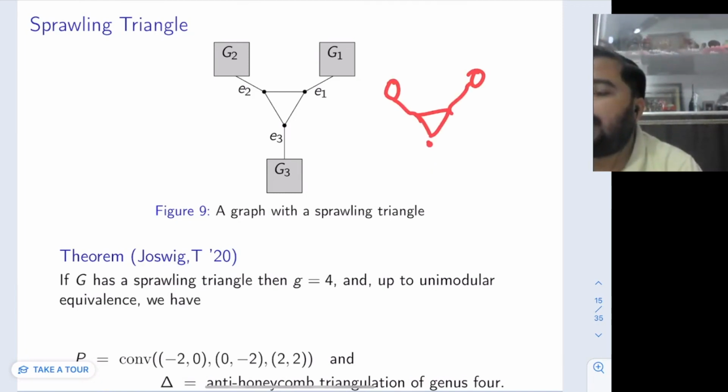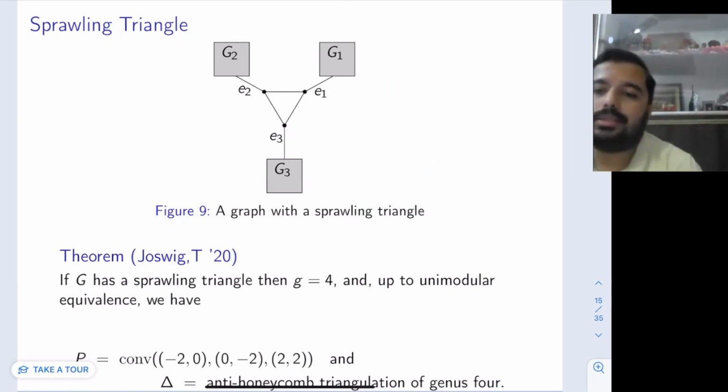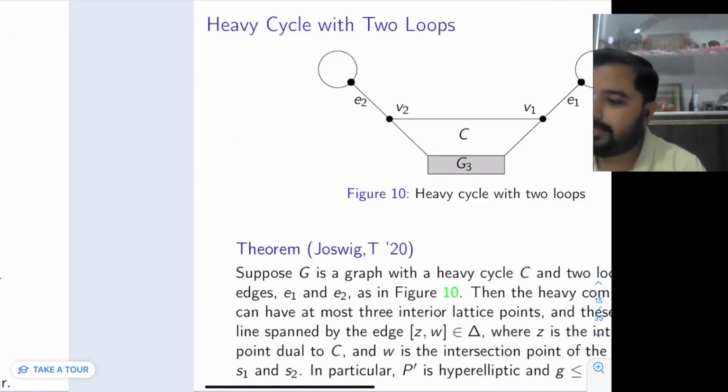Essentially, as soon as the genus increases beyond 4, such a graph can never occur in the procedure that I mentioned. So this is one of the first criteria that we were able to show.